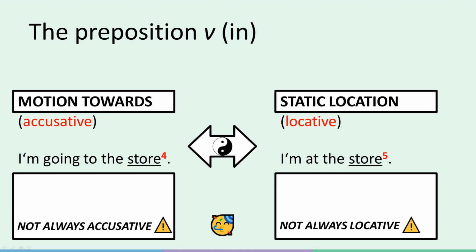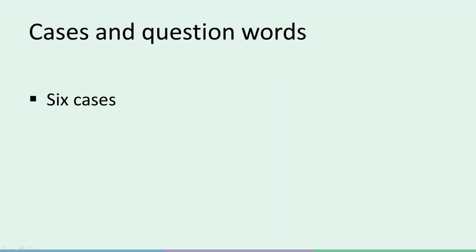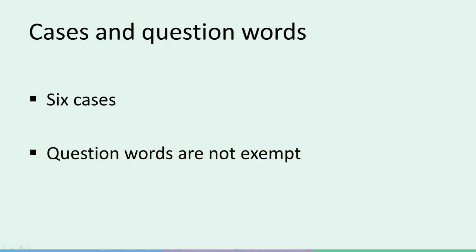One final point before moving on to adverbs. In Slovene there are 6 cases. That means any noun, adjective or pronoun can be found in 6 different forms. But it's not only the nouns and noun-like words that take different cases. If a certain situation demands a noun in a particular case as an answer, the question word takes the same case as well, pointing ahead of time to the case of the word that's the answer.